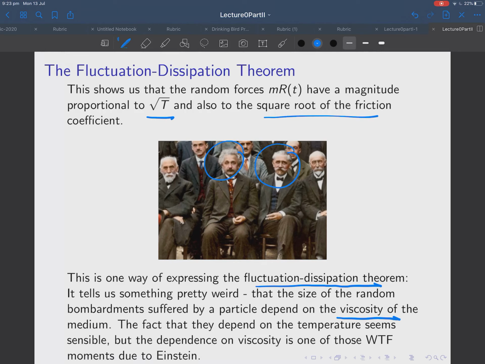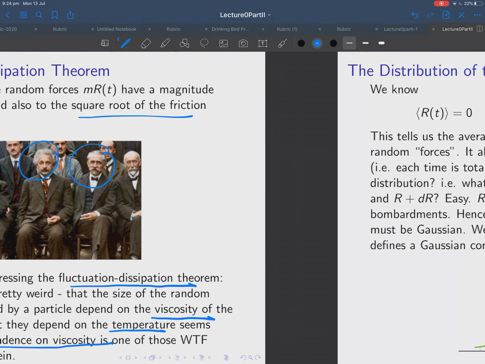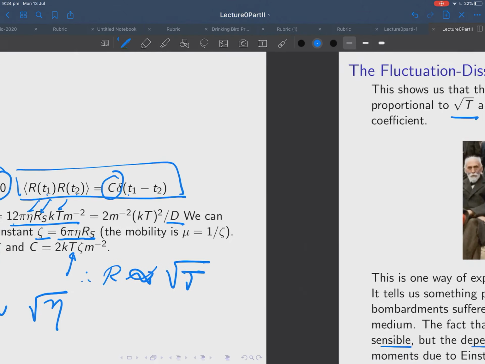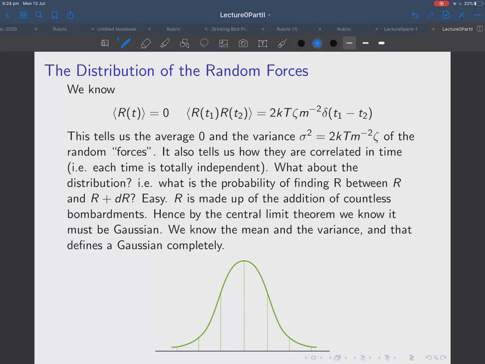The fact that the random bombardments depend on the temperature seems sensible, but the dependence on viscosity is something which I don't think anyone would have guessed until Einstein came along and showed that was the case. This is one of those things Einstein did where you think, well, it's almost a miracle. All right. So now we know the average of the random forces, what their variance more or less is.